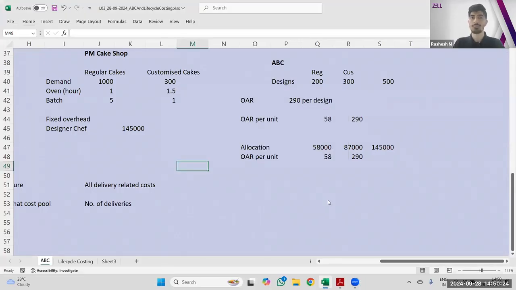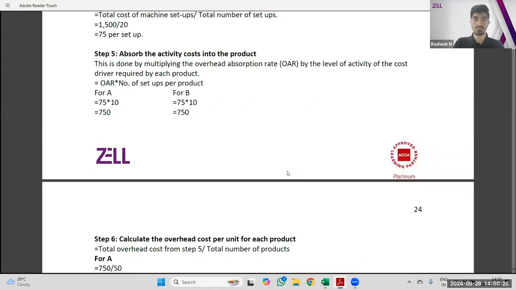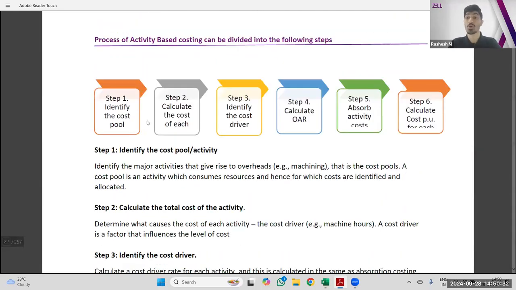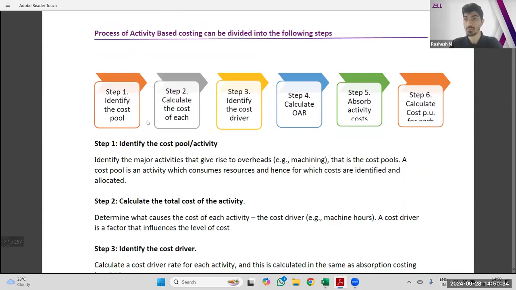All right. So here are the 6 steps if you want to refer to them as well. Step 1 is to always identify the cost pool, which is nothing but the group of cost. So in our case, it was the designer chef's salary. Then you calculate the cost of that activity, which in our case was 1,45,000. Then you identify what is driving that cost. The designer's cost is driven by the number of designs he makes. That's my cost driver.